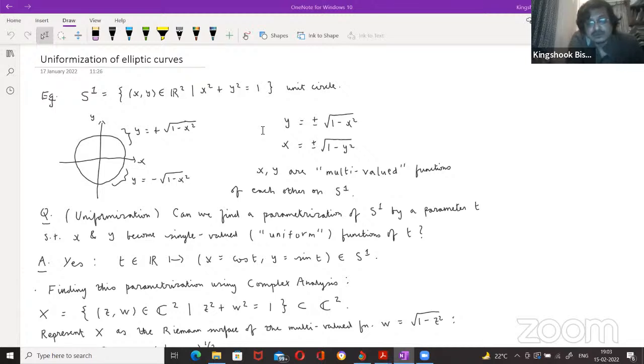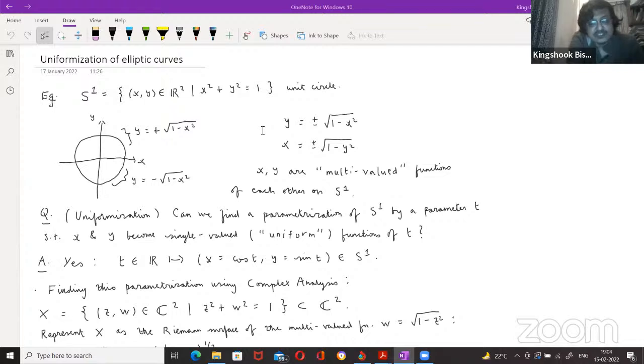Such a parametrization will be called a uniformization of the unit circle, because x and y then become single-valued, and single-valued is sometimes called uniform. So they become uniform functions of t. Instead of x and y becoming multi-valued functions of each other, they become single-valued functions of a single parameter. And of course, everyone here knows how to do that.